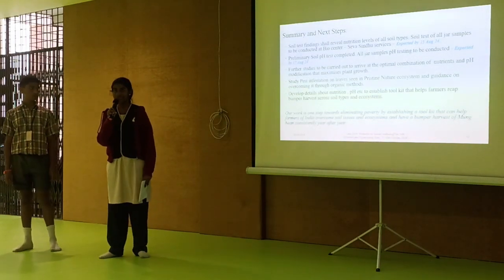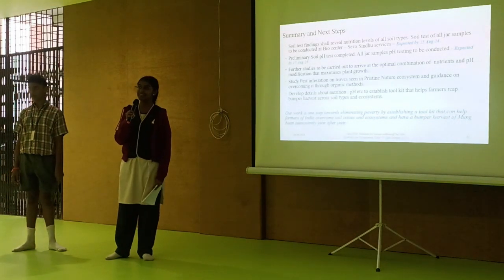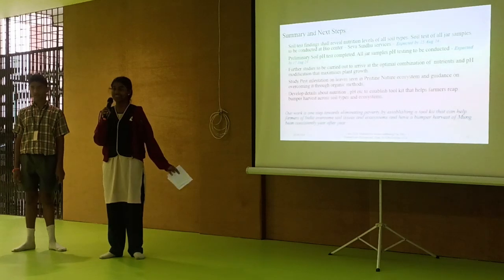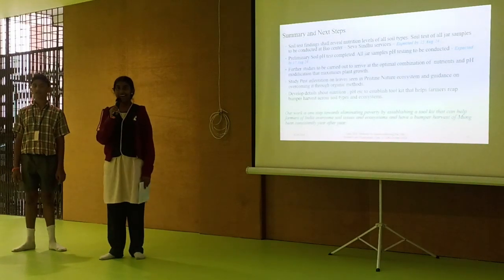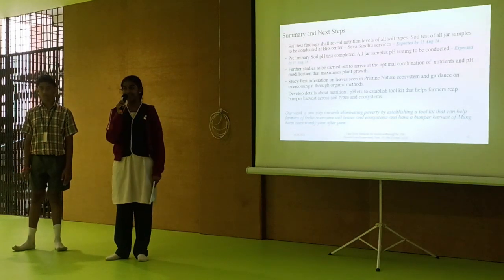And one more thing to summarize. Again, I'm not using the word conclude because we believe research is a continuous process. To summarize, during this entire project, we came across a lot of difficulties.